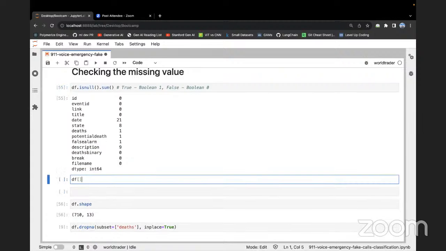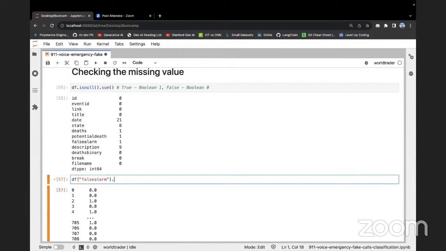For example, df, I will just check for false alarm, things that are important for me, is null. And then I will just set the df.loc with this value and false alarm.